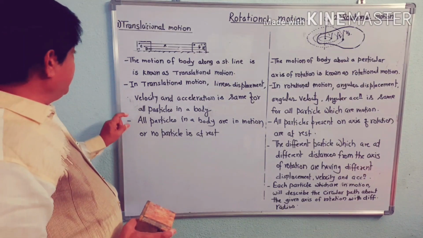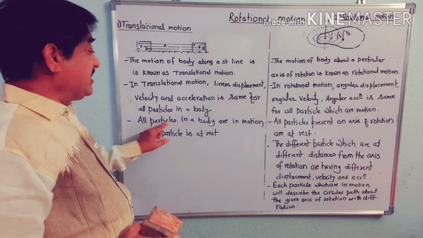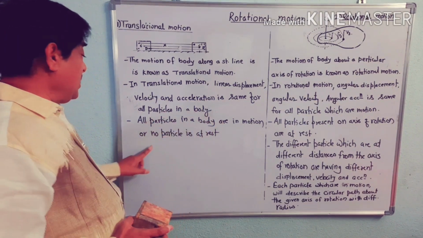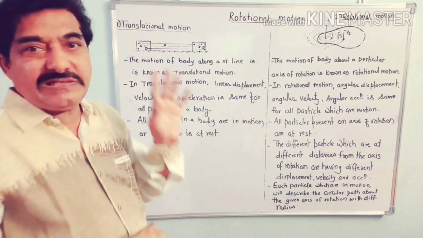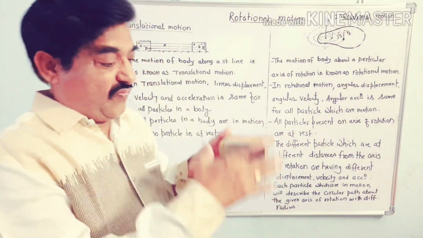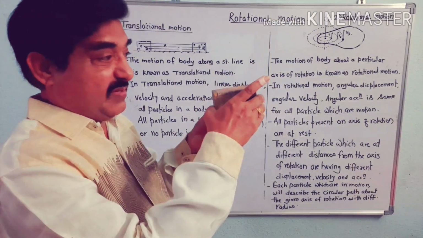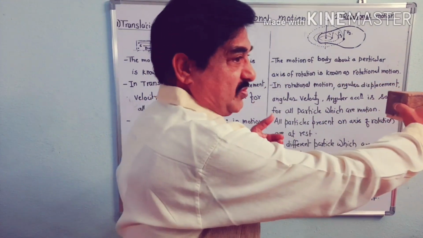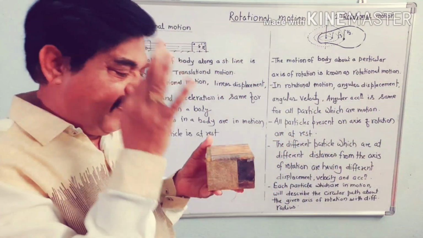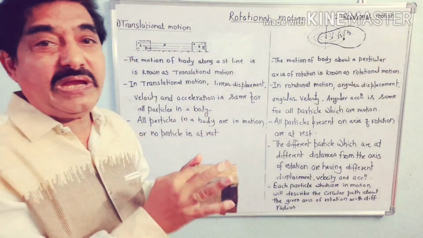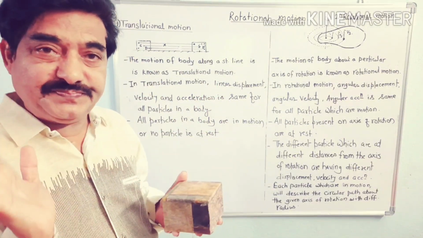And third point is, all particles in a body are in motion and no particle is at rest. When body moves from initial position A to final position B, every particle inside the body is in motion.